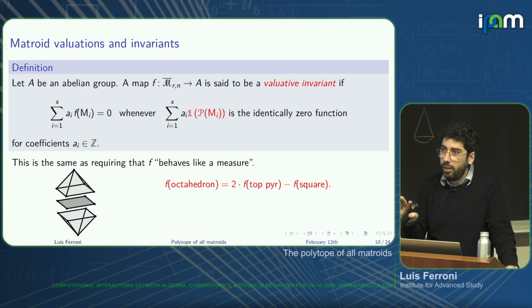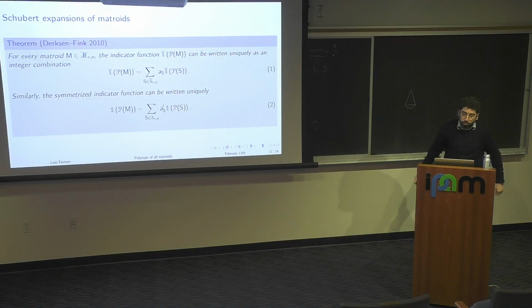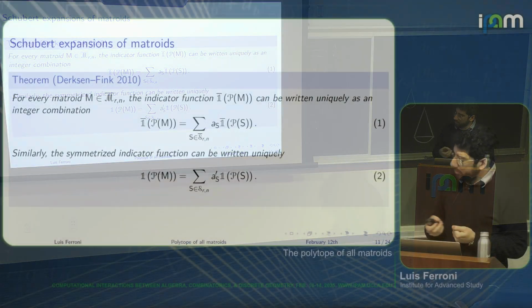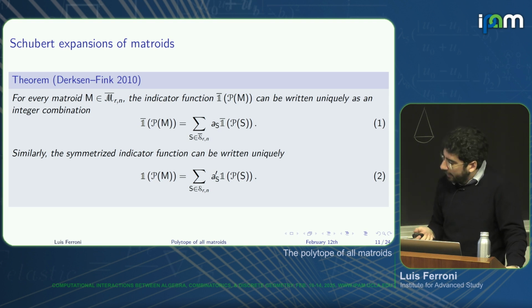Questions? Everything okay? Okay, so now we're facing what I regard as the most important theorem connecting Schubert matroids, or the main reason why Schubert matroids are very important. This is by Derksen and Fink in 2010.